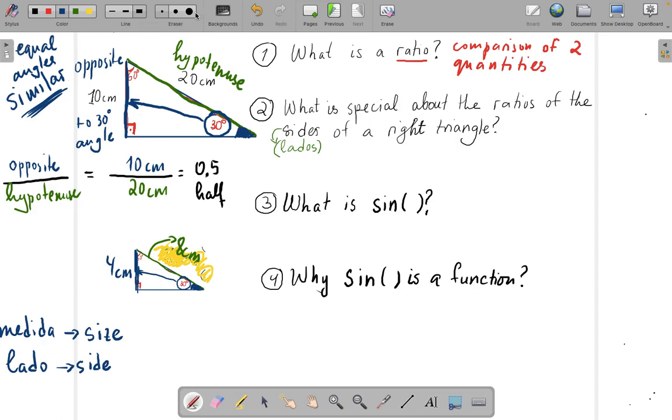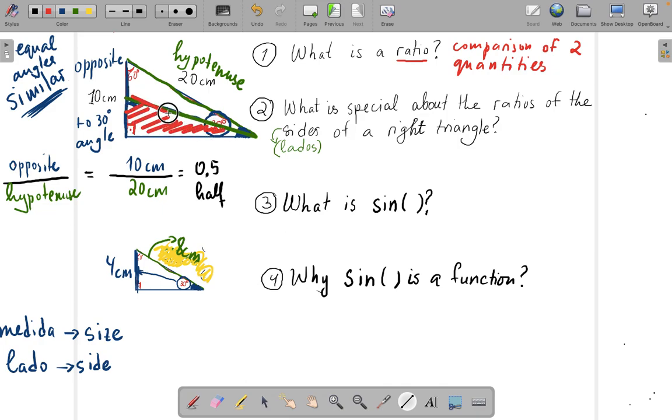Now, if I change that triangle, if I draw another right triangle, puedo dibujar otro triángulo recto. So, en vez de tener un ángulo de 30, por ejemplo, tengo un ángulo que es más pequeño, que va como aquí, de 15, ¿ok? Ahora tengo un nuevo triángulo, I have a different triangle, right? Ese triángulo aquí.